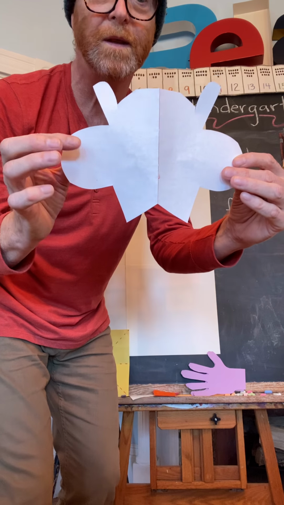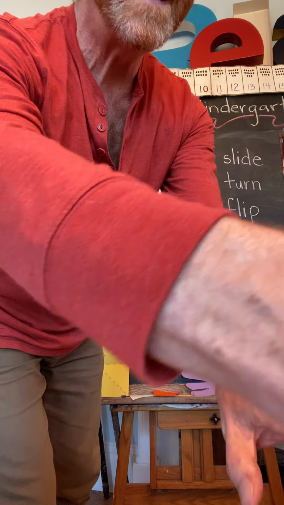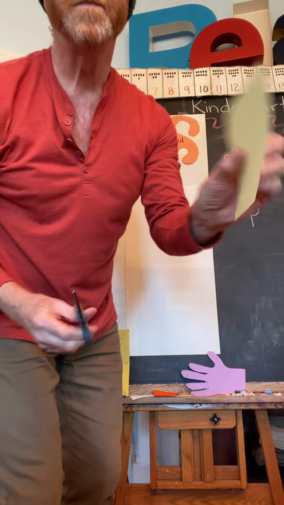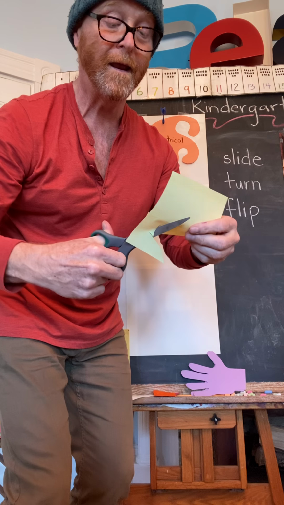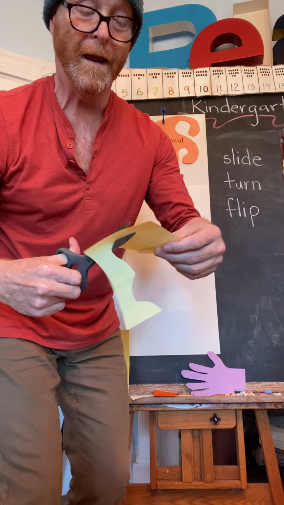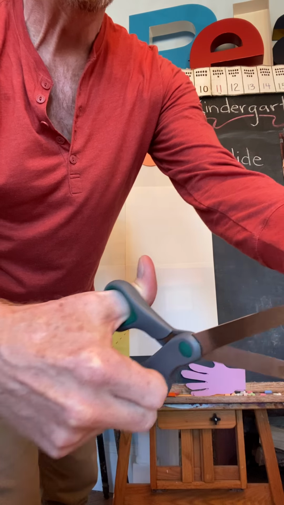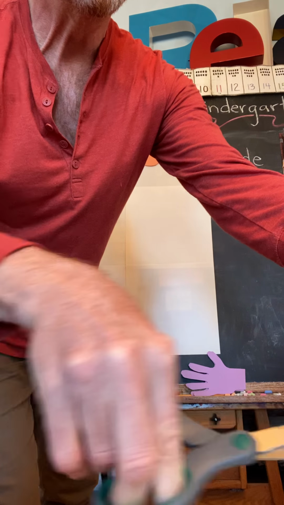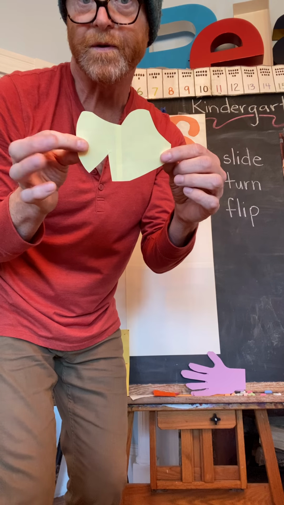That was my fold line. If you want to make a shape that is not symmetrical, you can just free cut any shape you want. And then you will have a shape that is not symmetrical.